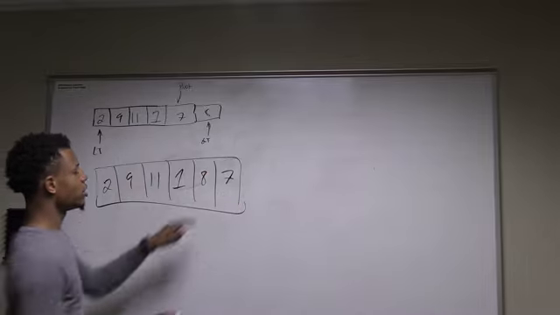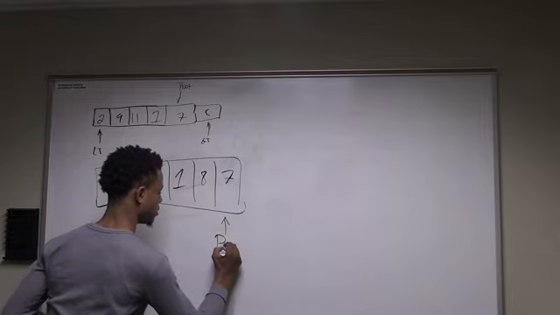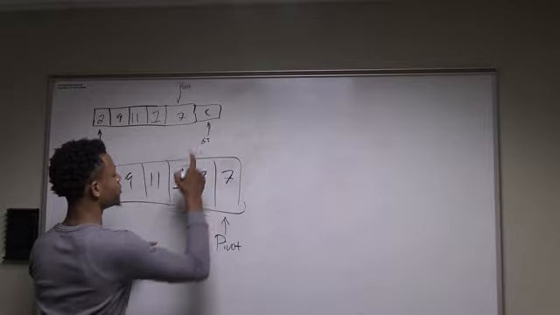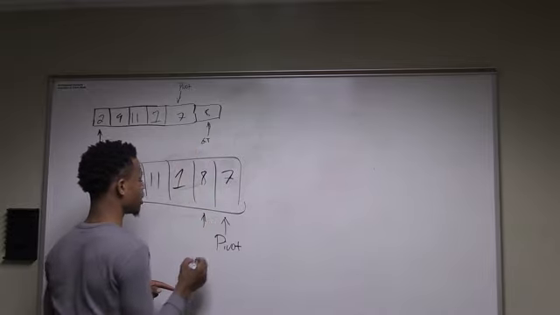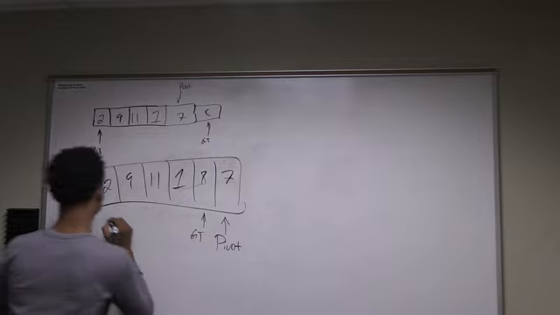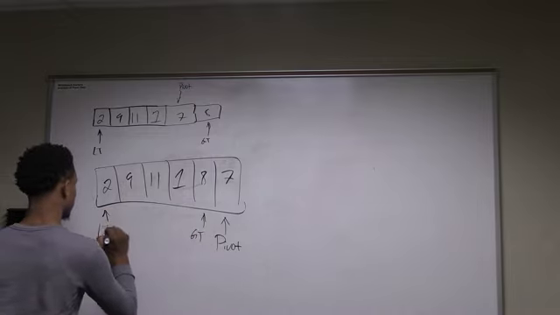All right, so now this is the pivot, and the greater than pointer will now point 1 minus the end of the array. So greater than is now here, and less than is here, still there.